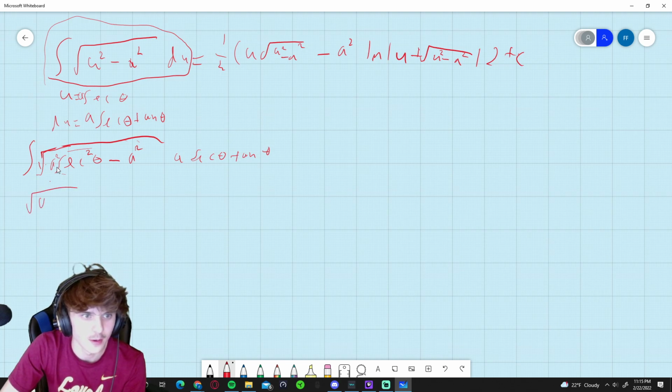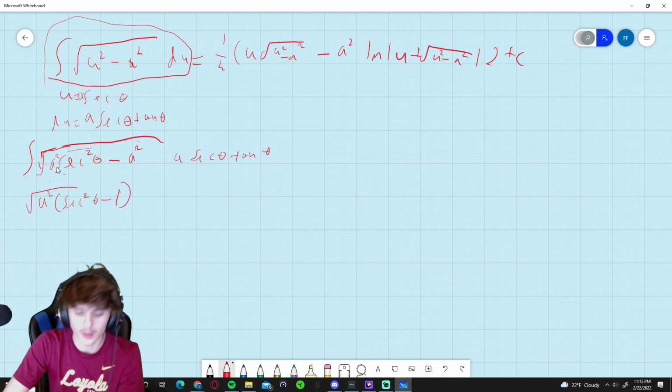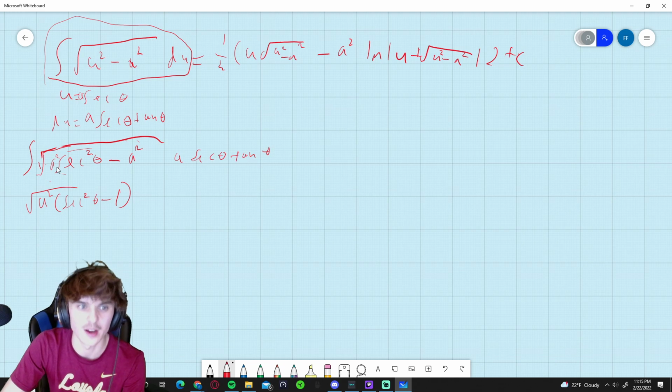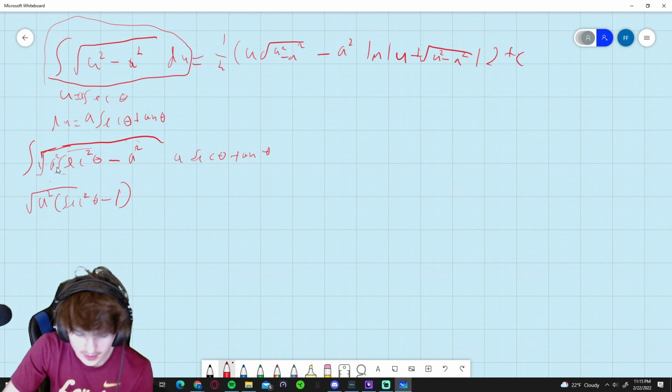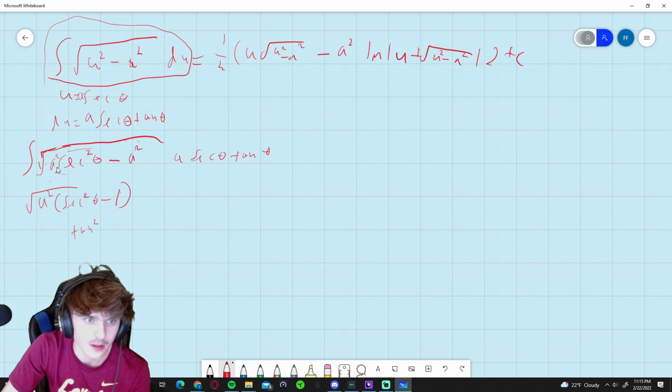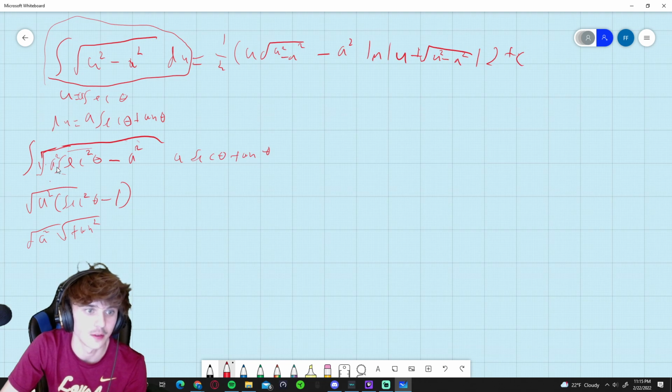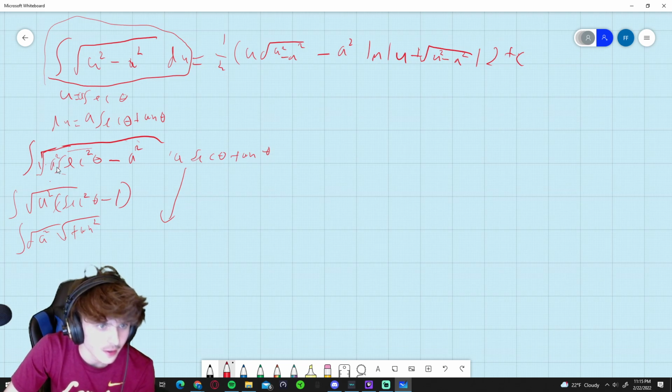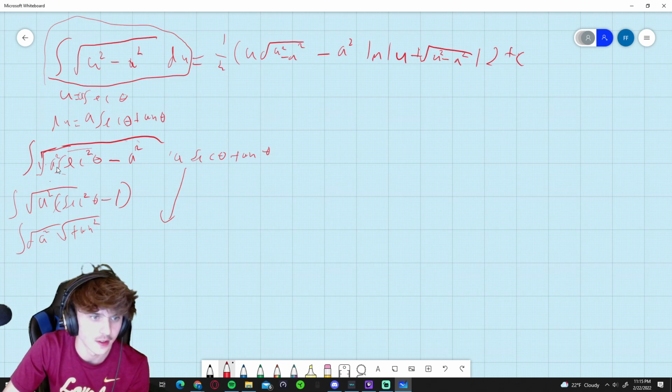So you have the square root of a squared times secant squared theta minus 1. Secant squared theta minus 1 is a trig identity, and that's equal to tangent squared. So you have the square root of tangent squared, the tangent square root of a squared. And then you could take the a's out front.